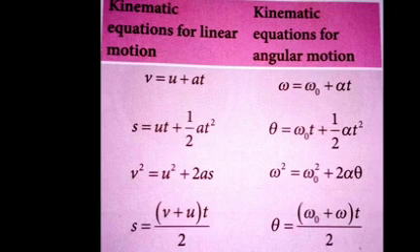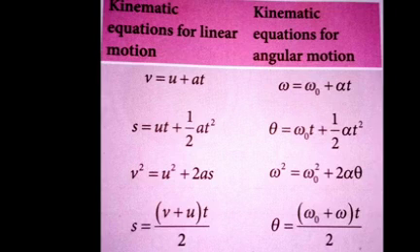Then second equation, theta is equal to omega naught t plus half alpha t square. So theta represents angular displacement, omega naught represents initial velocity, and alpha represents the angular acceleration. And third one, omega square equal to omega naught square plus 2 alpha theta.